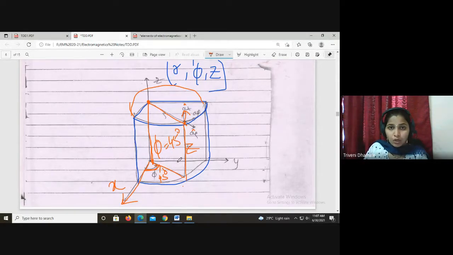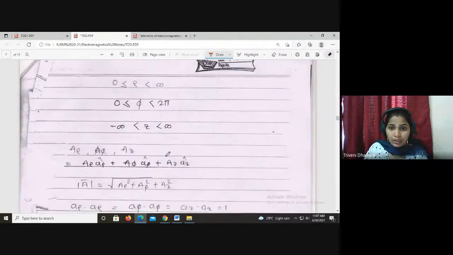Okay, so the coordinates: rho is the radius of the cylinder, phi is the azimuth angle measured from x axis, and z is the height of the cylinder. According to the coordinates, we have three unit vectors: a rho cap, a phi cap, az cap.